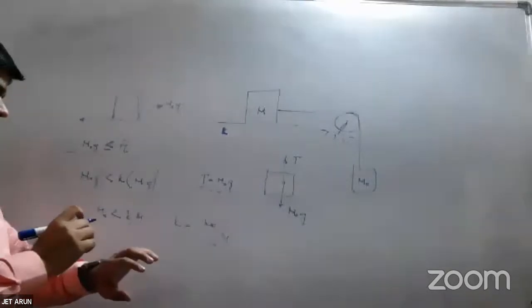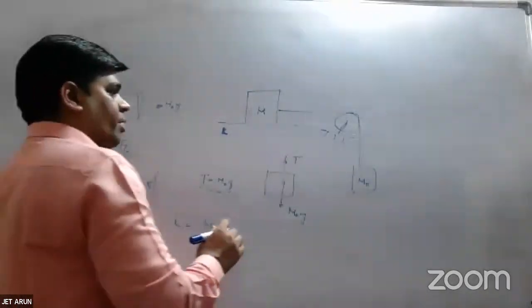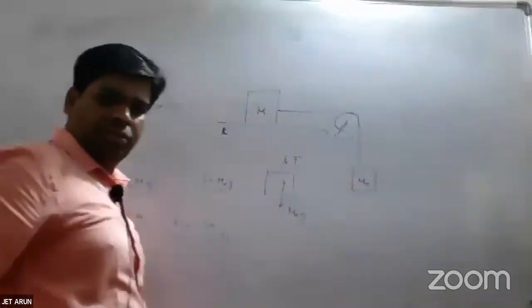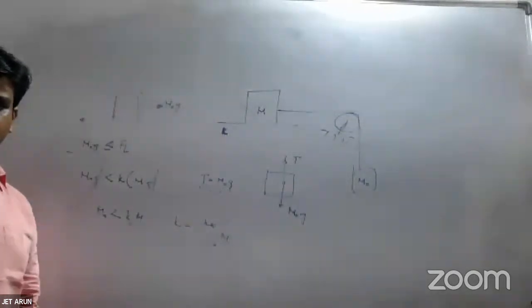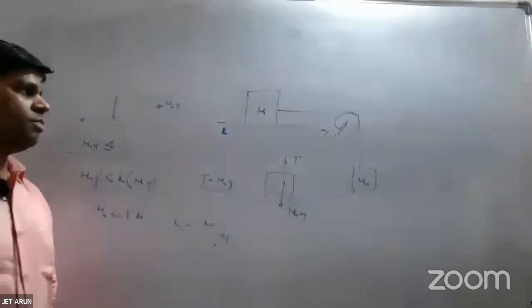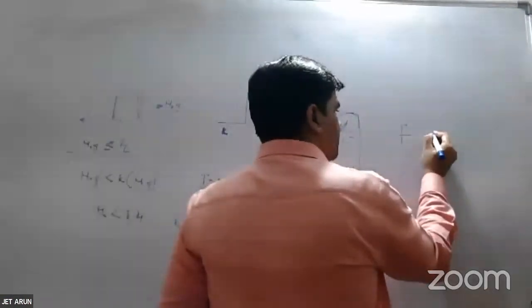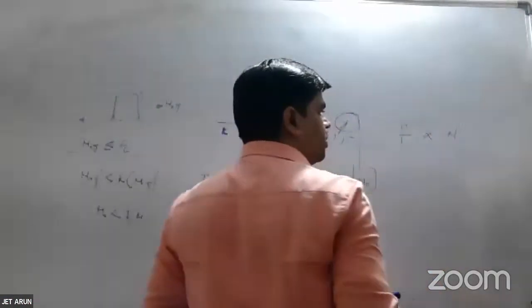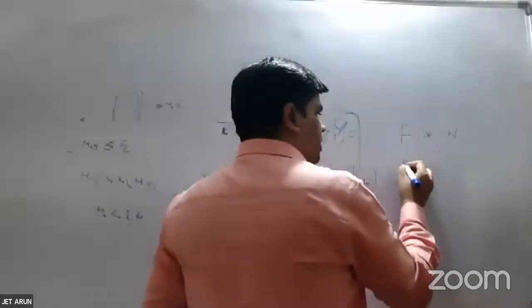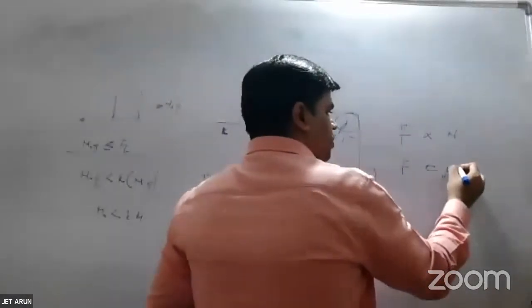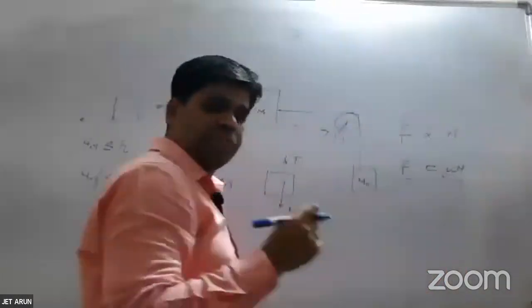Now let us see one example. Can you tell me what is meant by mu? When I performed the experiment, my static friction was proportional to normal reaction. This proportionality constant is my mu, which is the characteristic of the surface.